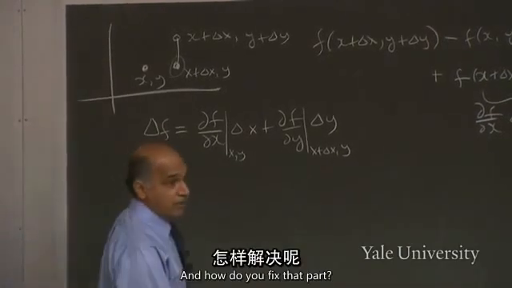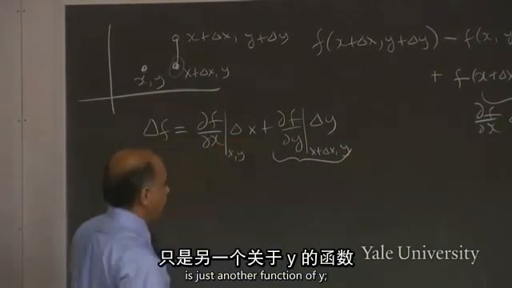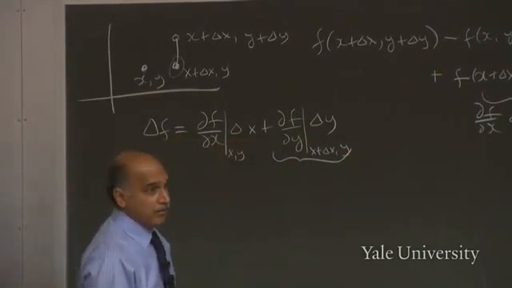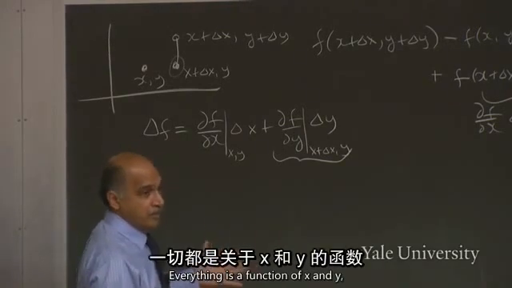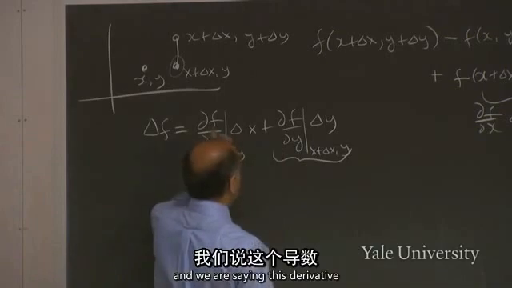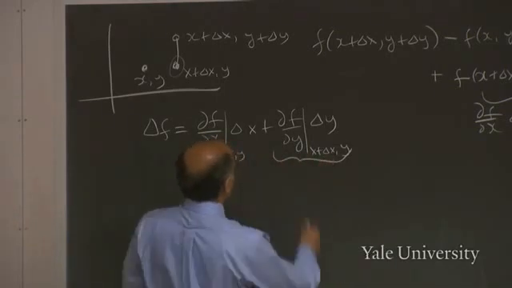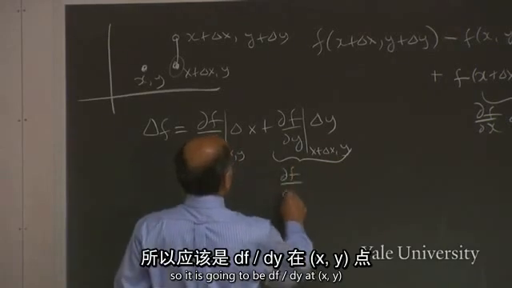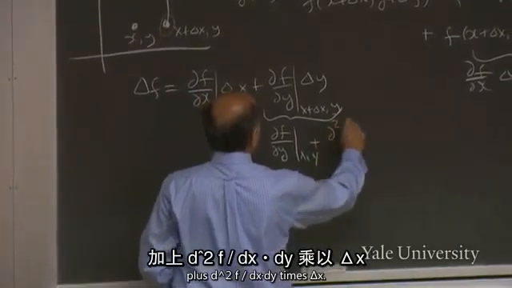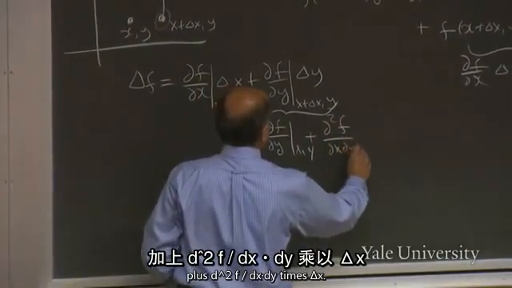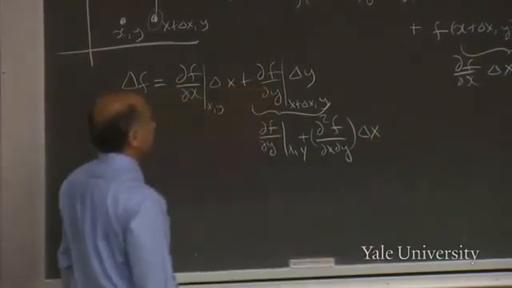And how do you fix that part? You argue that, well, the derivative with respect to y is just another function of y, right? F is a function of y, its derivatives are functions of x and y, everything is a function of x and y. And we are saying this derivative has been computed at x plus delta x instead of x. So it is going to be df dy at xy plus d2f dx dy times delta x.